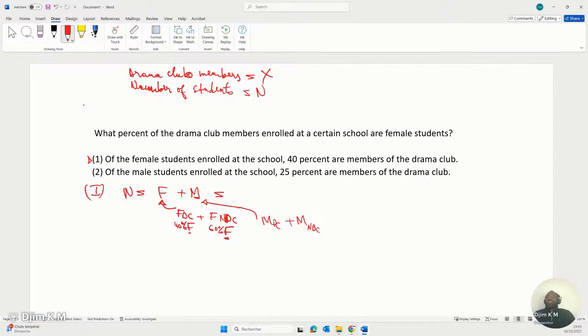X, the drama club members, is female part of the drama club plus male students part of the drama club. In order to find this, we need the number of female students enrolled and the number of male students enrolled. So it's insufficient.